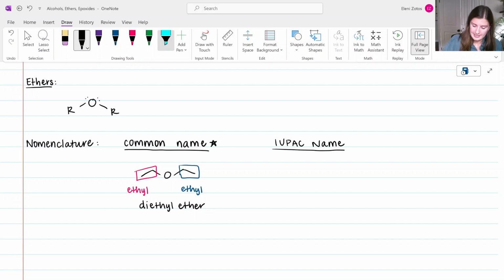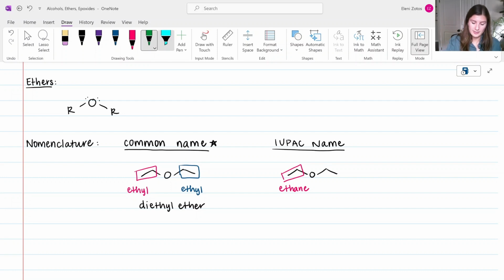For the IUPAC name, we follow IUPAC rules where we look for the longest carbon chain and then any substituents on that chain. So in this case, the longest carbon chain is an ethyl chain. You could pick, of course, either side to reference that as your longest carbon chain. So we have an ethane molecule.